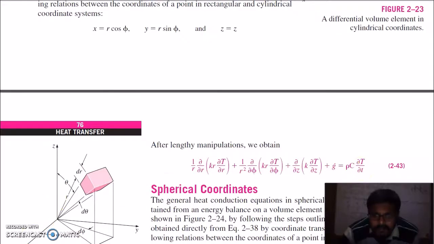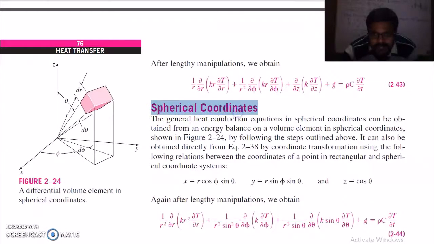Next, spherical coordinates. The general heat conduction equation in spherical coordinates can be obtained from an energy balance on a volume element in spherical coordinates. So this is your differential volume element in spherical coordinates. This angle is phi, this is your d phi.